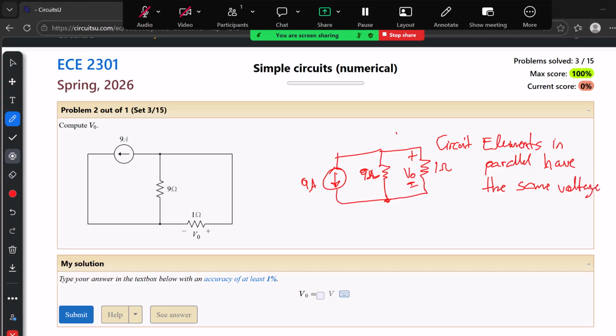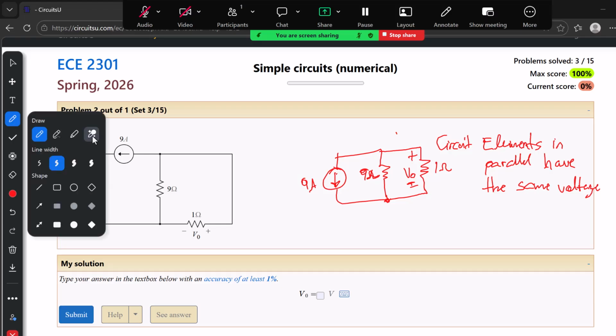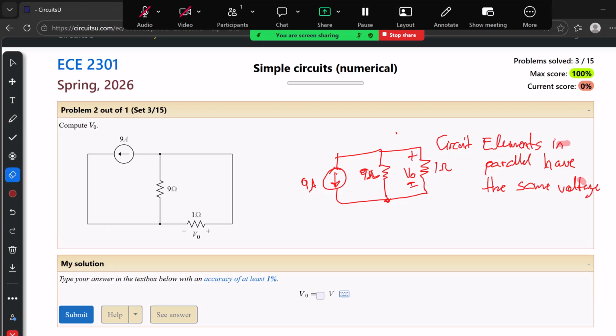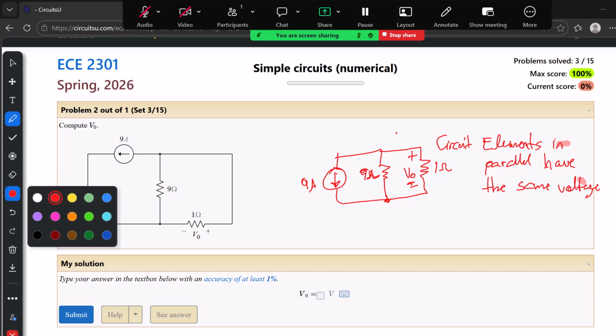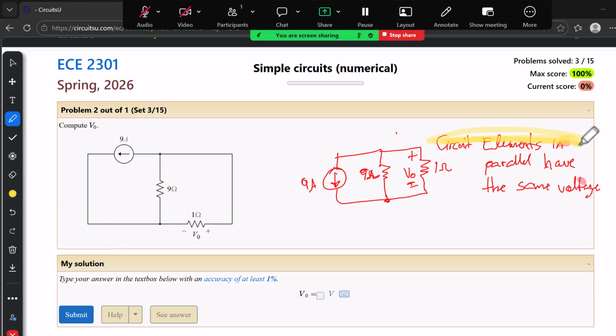This is extremely important to take into consideration because it is something that will accompany you throughout your career. This is something very basic to understand. Circuit elements in parallel have the same voltage. This means that the 9 amps, the 9 ohms, and the 1 ohm resistors have the same voltage.